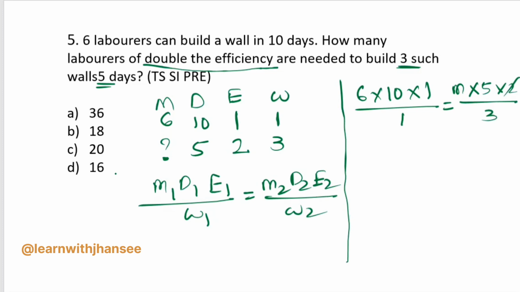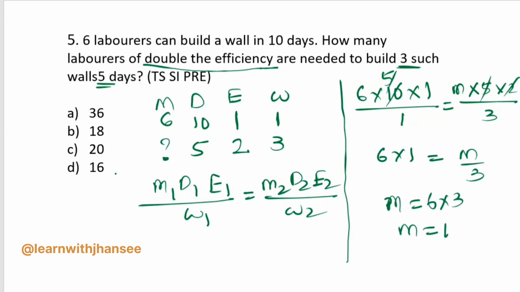So 2 into 1, 2 into 5. This 5 will cancel. So here 6 into 1 is equal to M by 3. So it will cross multiply that M is equal to 6 into 3. So total M is equal to 18. So 18 laborers are required.